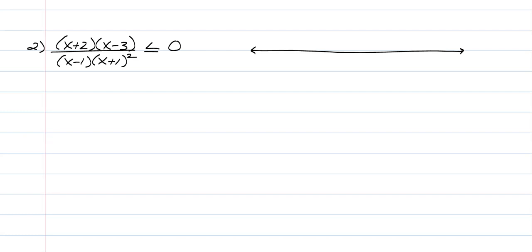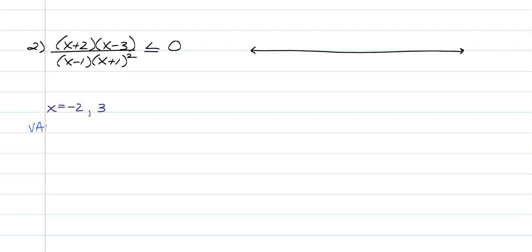For your x-intercepts, again, we're already in factored form. Our x-intercepts are the solutions to the numerator. So we're going to have x equals negative 2, and we're going to have x equals 3. Now our vertical asymptotes is when we set the denominator equal to 0.